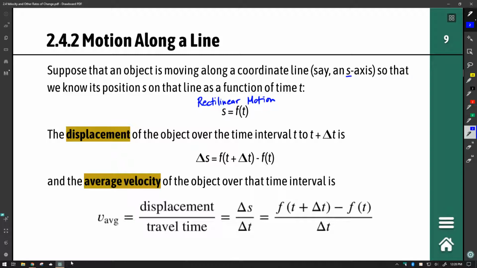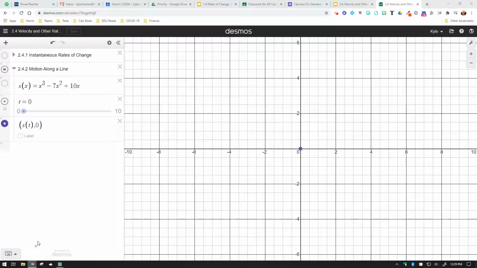Rectilinear motion is when an object moves strictly forward and backwards, only in one dimension rather than two. Here's a Desmos graph to illustrate what that means. See the purple dot at the origin, and I've defined an S function here as x cubed minus 7x squared plus 10x.